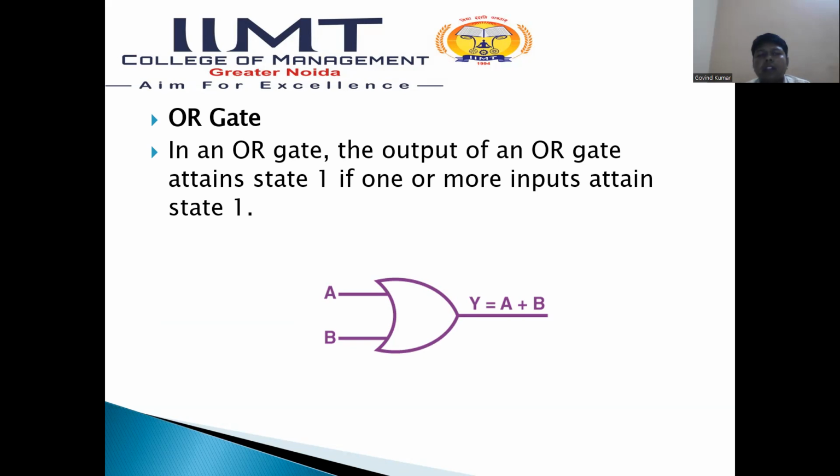A minimum of two input variables is needed, and it can also have 3, 4, or 5 variables, depending on the Boolean function and Boolean algebra. An OR gate attains state 1 if one or more inputs attain state 1. A and B are the input variables, such that Y equals A plus B.